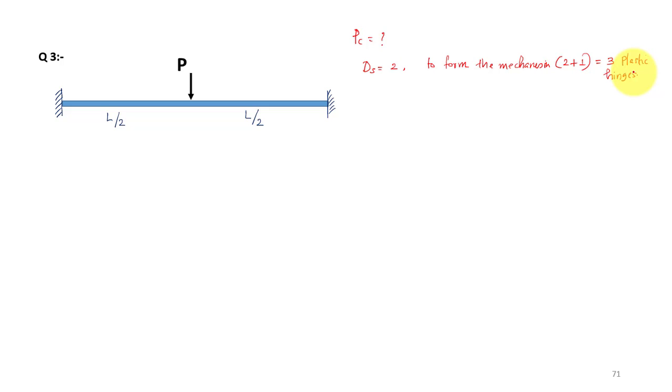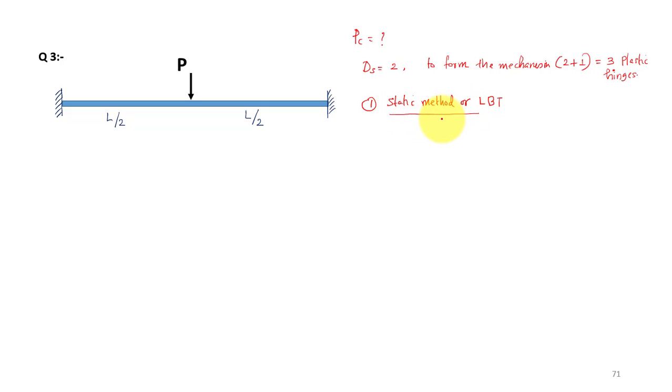To form the mechanism, we need 3 plastic hinges. So we can use the static and kinematic method. First we will solve by using the static method or lower bound theorem.